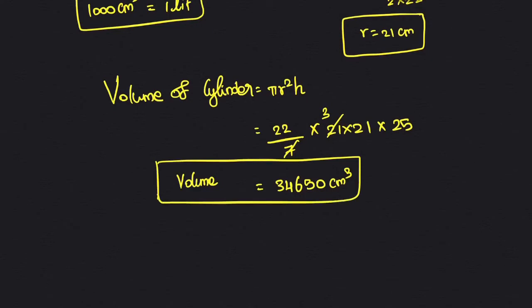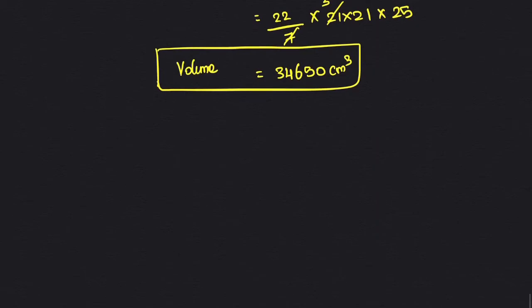But we need to find the liters. 1000 centimeter cube is equal to 1 liter, so to find the liters, just divide by 1000. Liter is equal to volume divided by 1000.